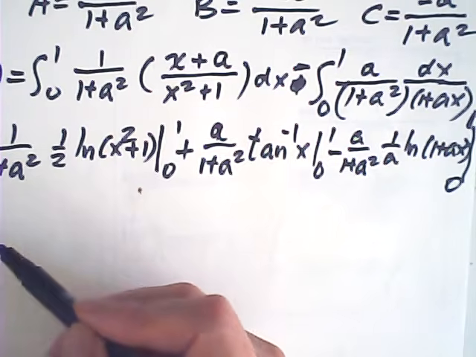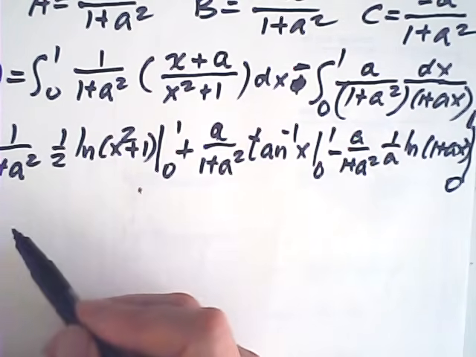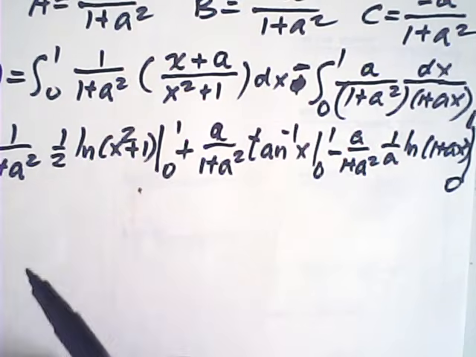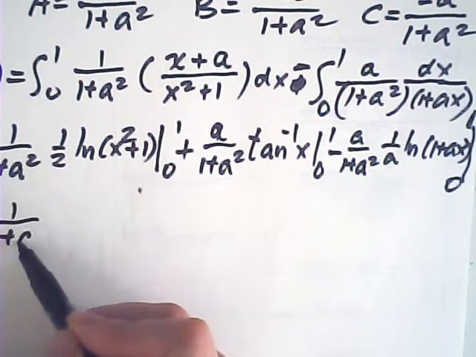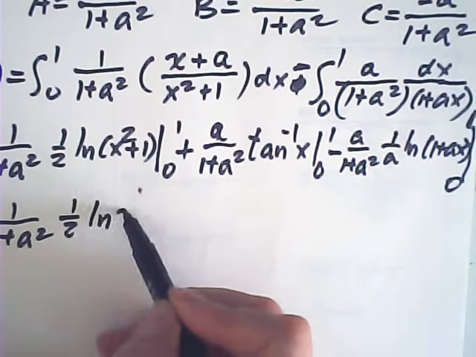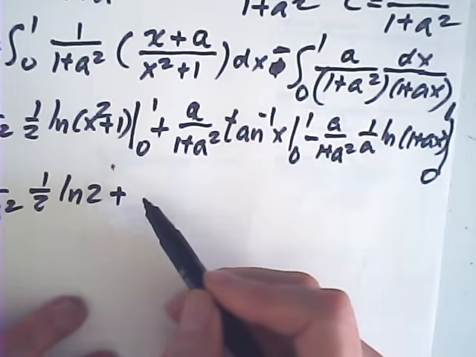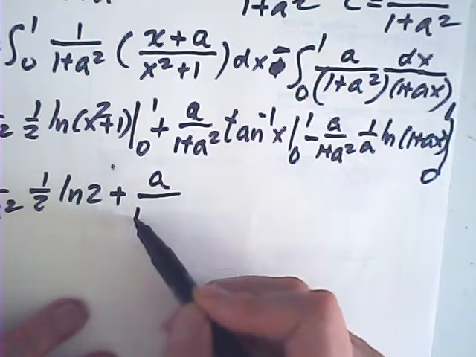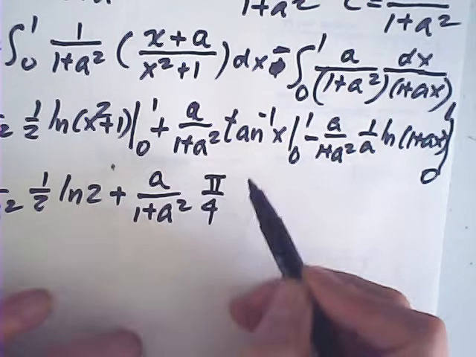So this one is equal to 1 over 1 plus a squared times a half log 2, plus 1 over 1 plus a squared times a quarter pi. That is this one.